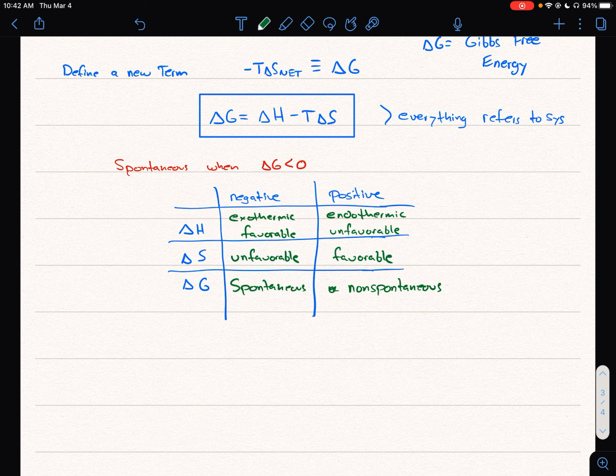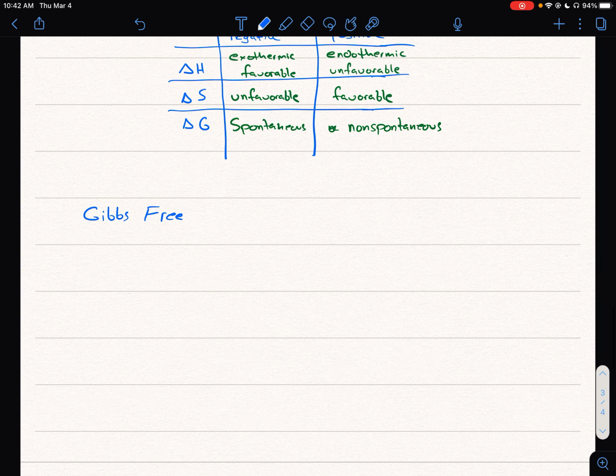Now, when we think about the Gibbs free energy, that's our delta G. What do we mean by free energy? What that really means is the energy available to do work.